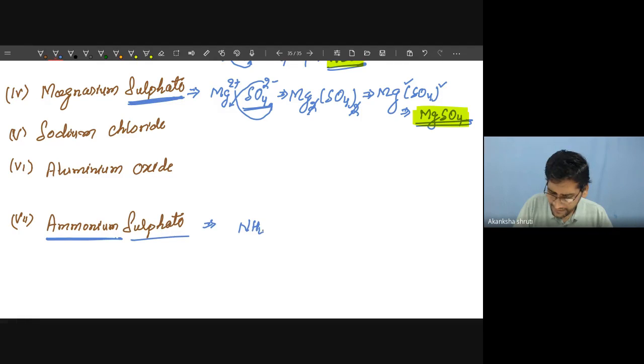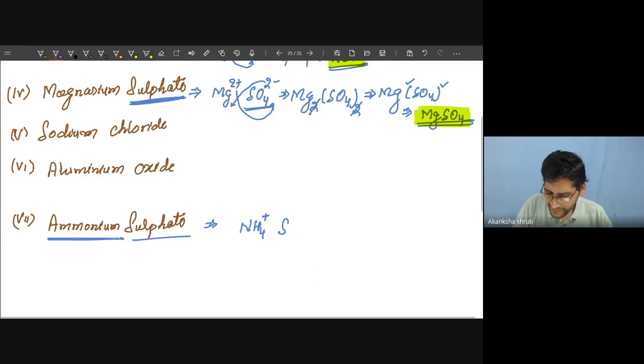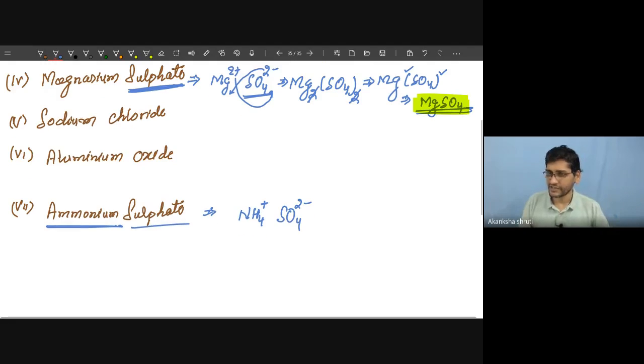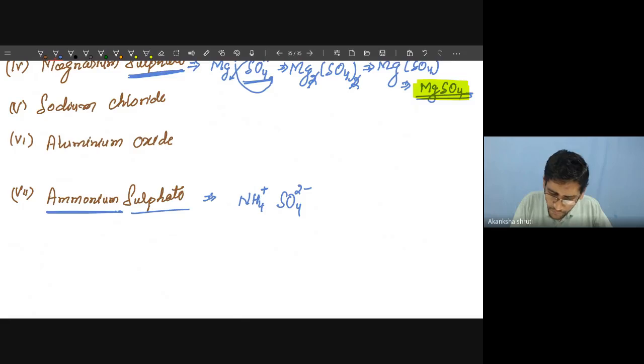Ammonia is NH3, but ammonium is NH4 with 1 unit positive charge. Sulfate means SO4, 2 unit negative charge. So I need to put these 2 here. After the whole NH4, I shall put this 2, and after the whole SO4, I shall put 1.